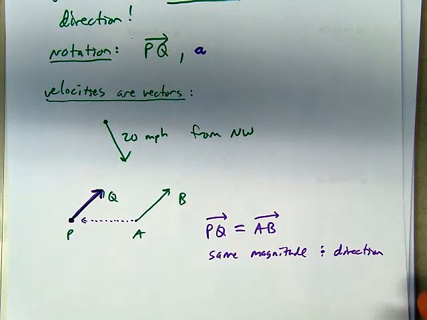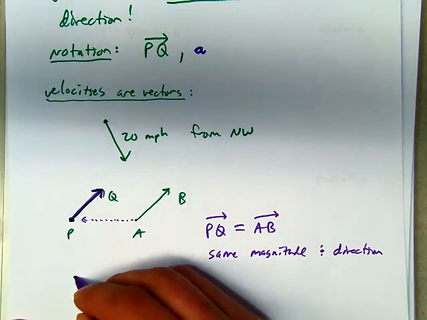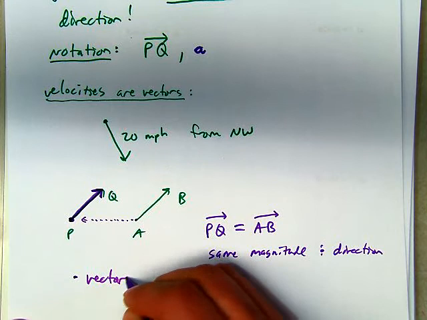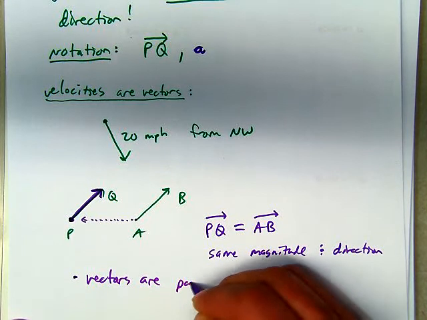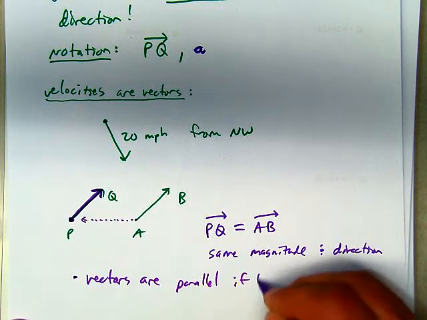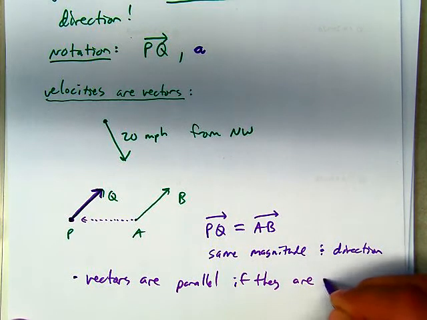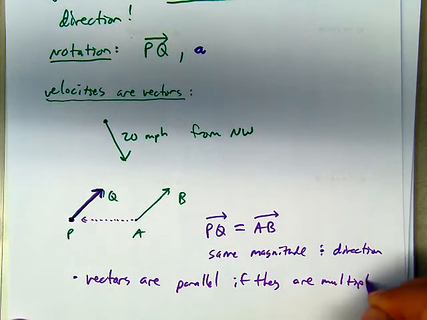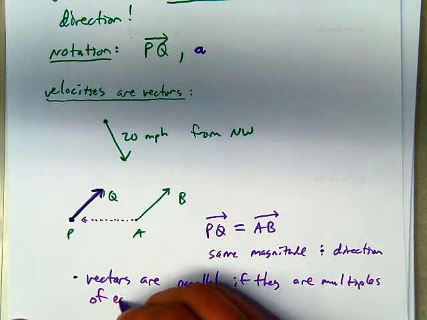Also, what else can we say? Just another note that might come in handy later. Vectors are parallel if they are multiples of each other.